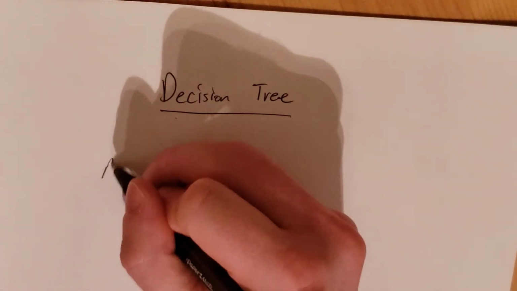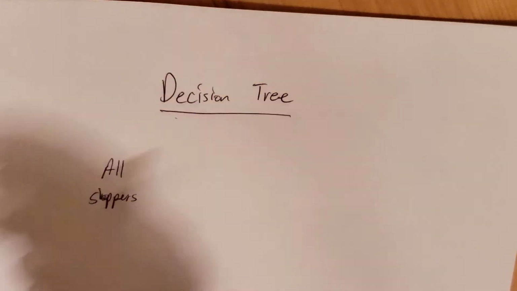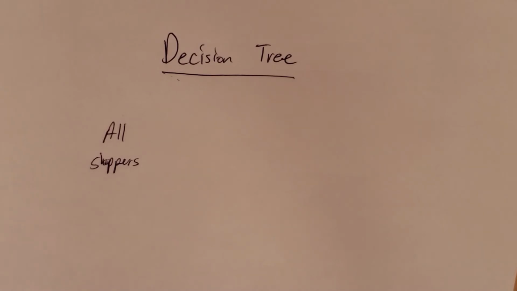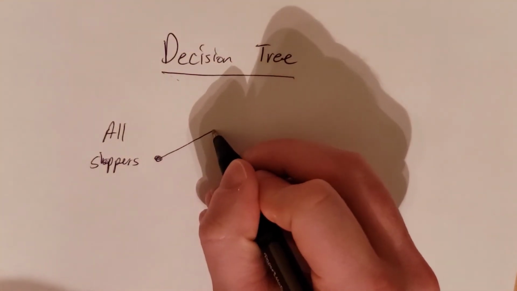Over here on the left, we have all shoppers. And then for each of our variables, one of those variables was, did somebody purchase a TV or not? We separate our tree.